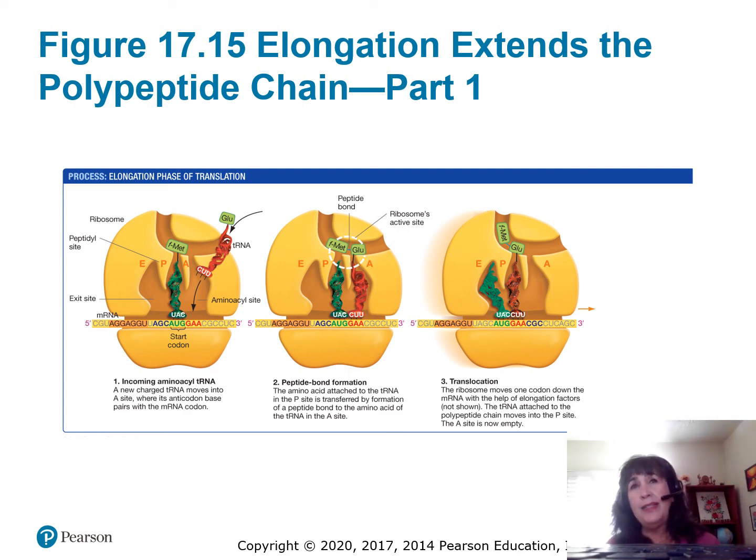And then notice in step 2 that a bond is going to form, and now the ribosome is going to move over one. So now that red colored transfer RNA has moved to the P site. And when the ribosome moves again, that red colored transfer RNA is going to move to the E site.